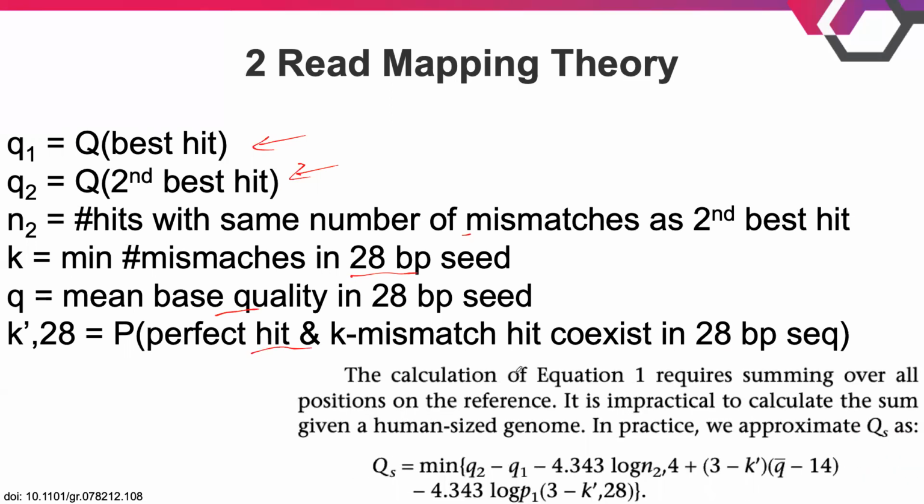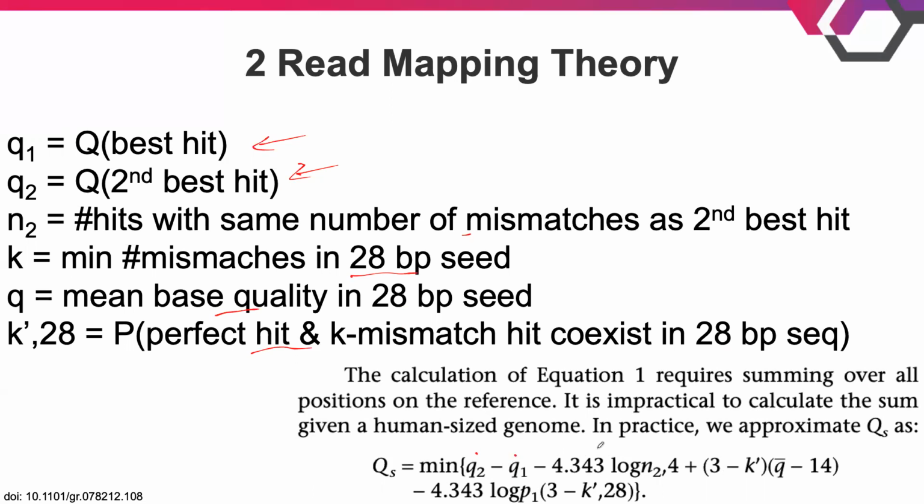So that's essentially what we're looking at here. It's the difference between the second best and best, minus a series of other parameters depending on this 28 base pair seed. So that's why the calculation is a little bit complex, but it's an approximation to achieve this computationally efficient outcome.